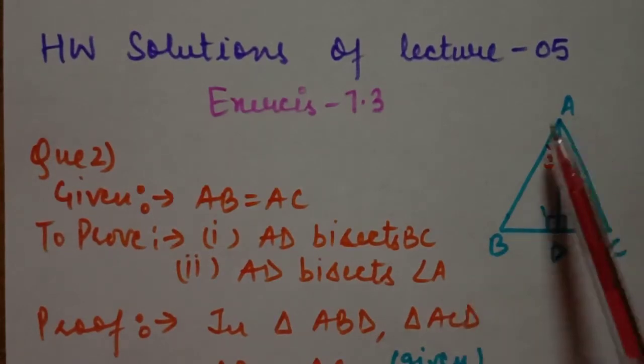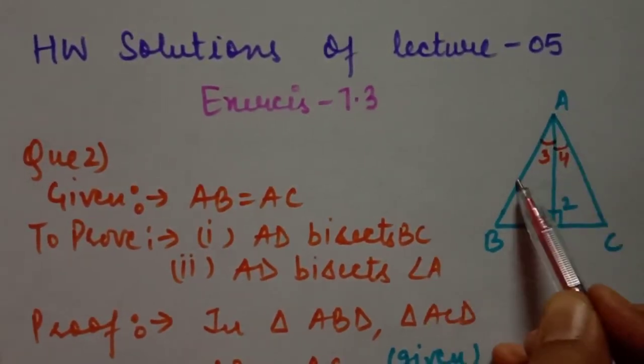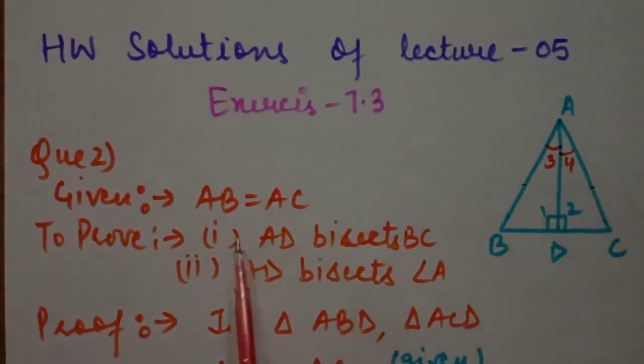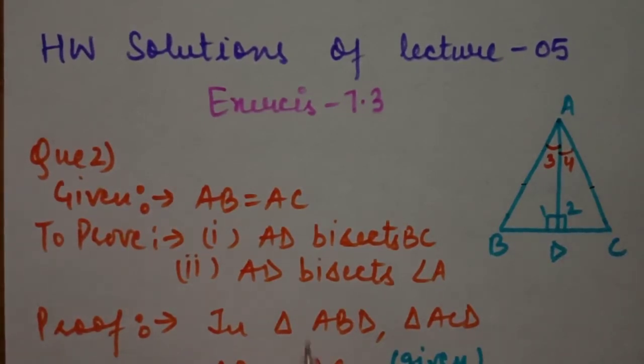So what is given? First of all, ABC is an isosceles triangle in which sides AB and AC are equal to each other, and AD is the altitude, so angle 1 and angle 2 are 90 degrees. So students, AD bisects BC means we have to prove that BD is equal to DC.